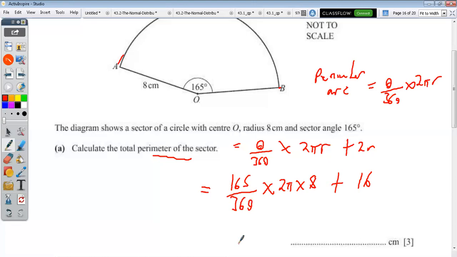I'm getting 39. Okay, wait, let's wait for the others. Are you getting the same values? You said 39.038 something. So 39. Yeah.